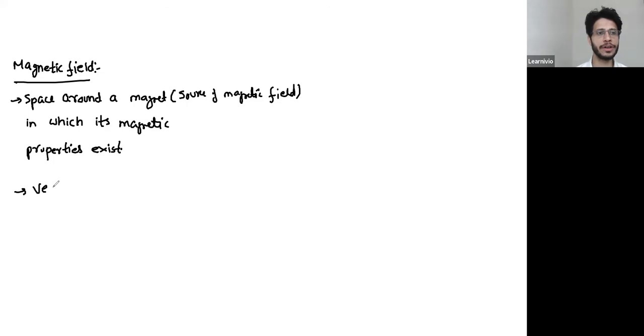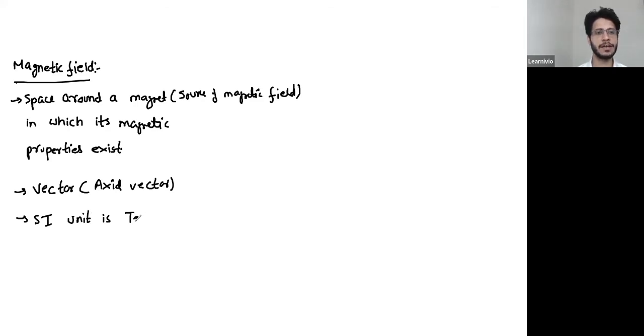It's a vector quantity. Basically, it's an axial vector. Axial vectors are particularly those vectors which can generate rotational effect. So we call this an axial vector. Its SI unit is Tesla.